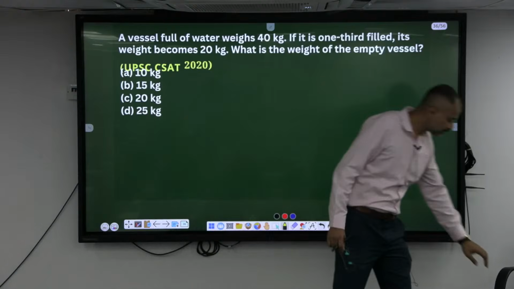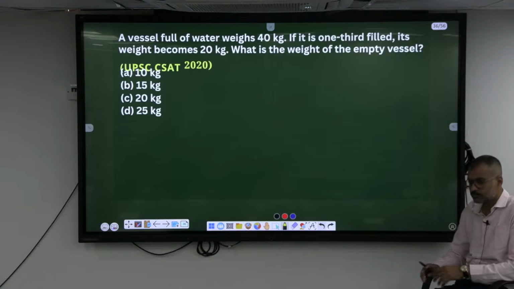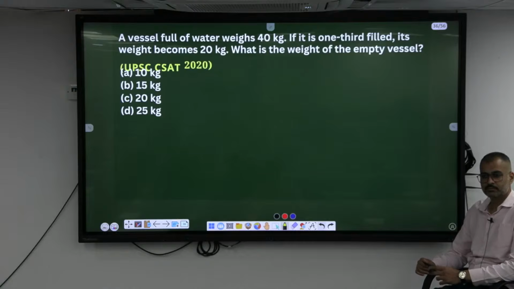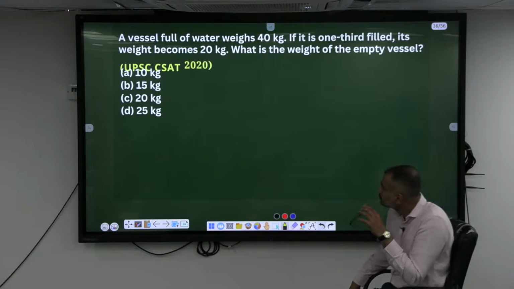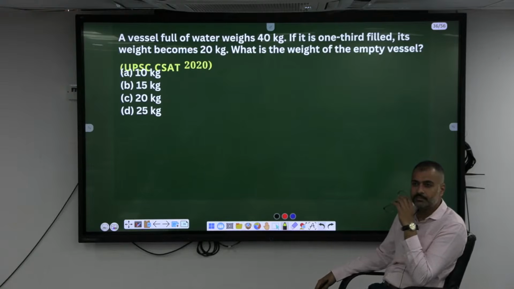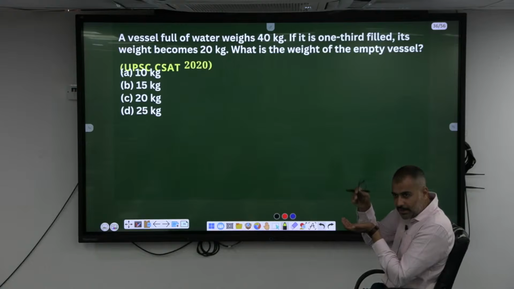Answer this one. Ten kg? See, after filling 1/3, including the vessel weight, it is 20 kg.